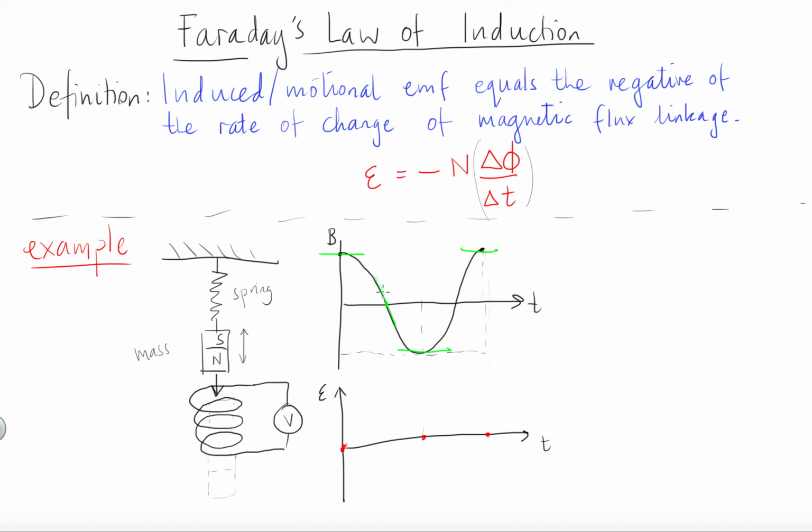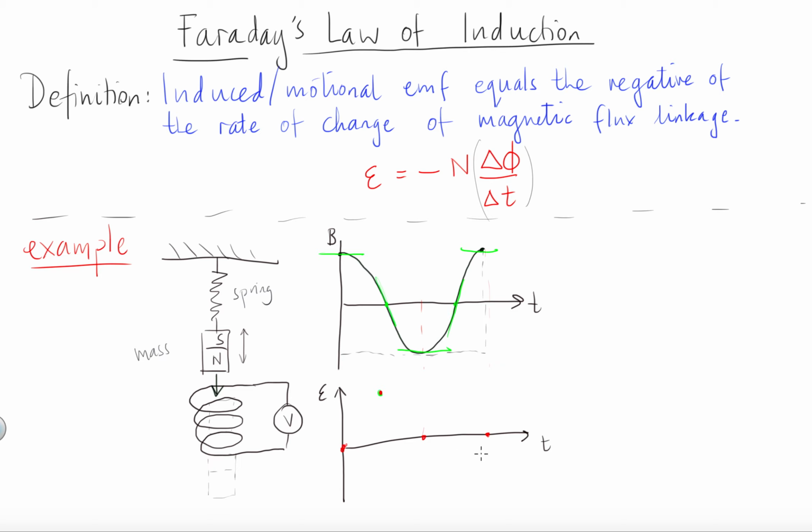Now, if we look at this point here, the rate of change of magnetic flux is at a minimum. Therefore, since there's a negative sign here, the EMF is going to be at a maximum. And at this point here, the rate of change of magnetic flux is going to be a maximum.